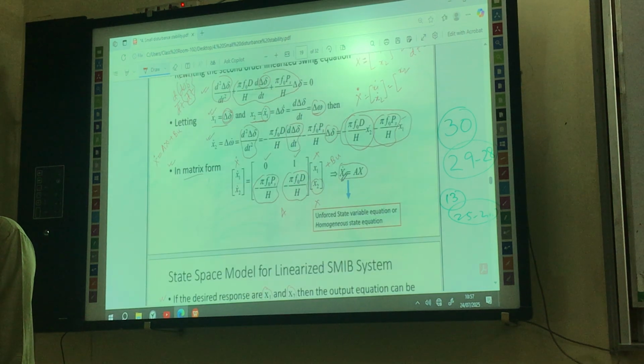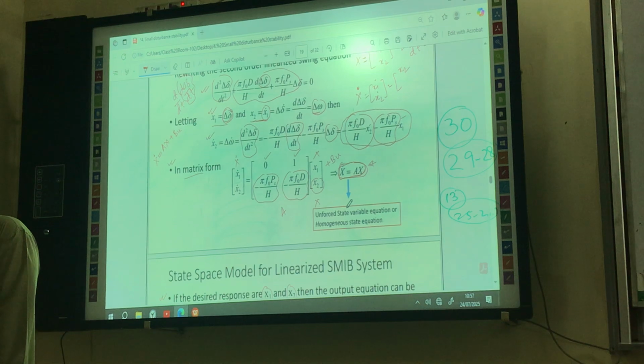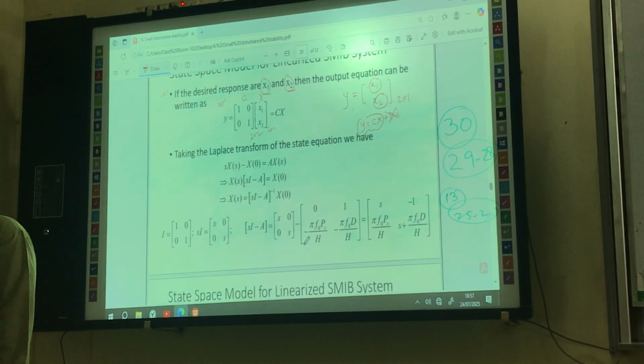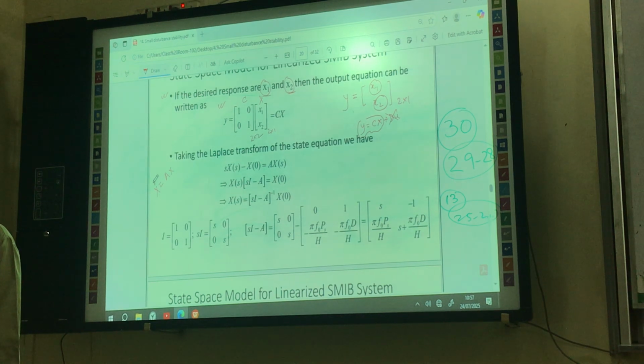If we apply the Laplace transform, our expression is x dot equals Ax.